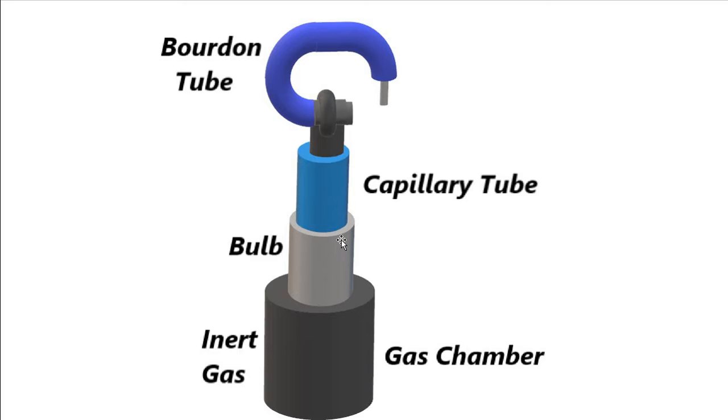In this case we have used the Bourdon tube because it is a very small pressure measurement, and the Bourdon tube is very easy to carry, even a pocket-size Bourdon tube. It is connected to the capillary tube to measure the pressure of the gas.